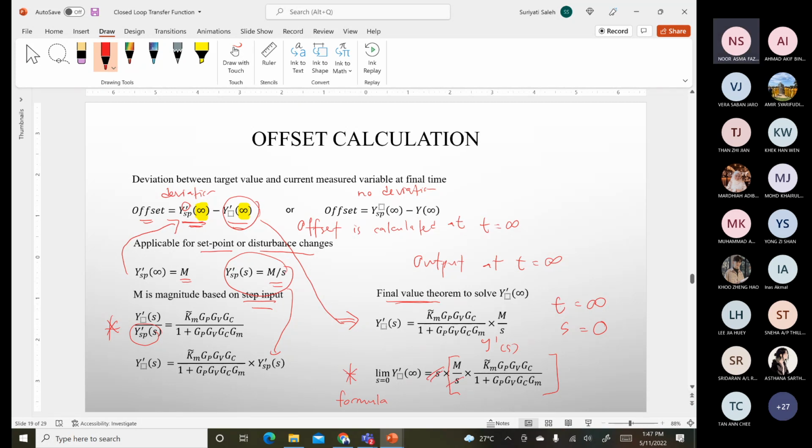If you encounter another S later on, it will be equivalent to S equal to 0. So this is the final value theorem calculation.